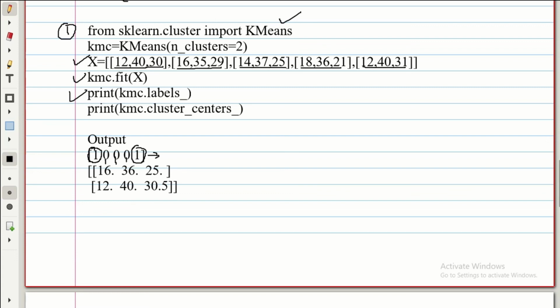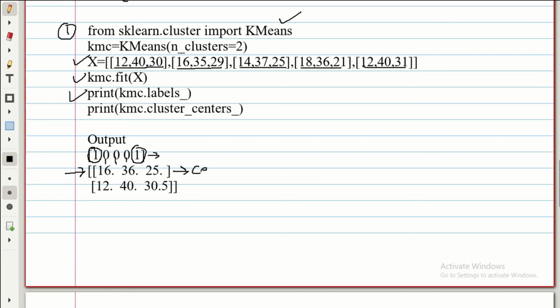And the centroid of cluster number 0 is 12, 40, 30.5, and the centroid of cluster number 1 is 16, 36 and 25.